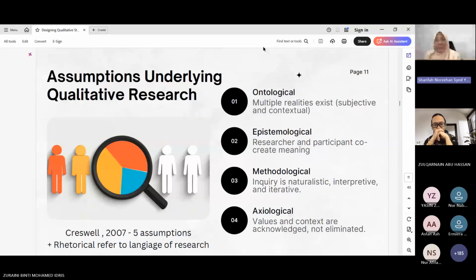You ask them questions, they reply and give answers in their context, and you already have some preconceived idea about what muhasabah is all about. Your communication and interaction between you and your participants would give you the answer to what muhasabah is all about. So that is epistemological.